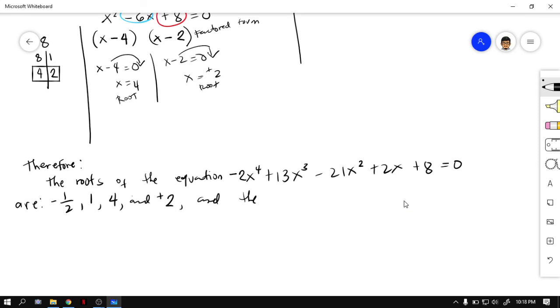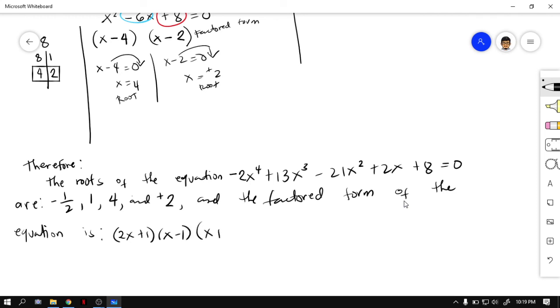And the factored form, sulat ko dito. In the factored form of the equation is, we have 2x plus 1 times x minus 1 times x minus 4 times x minus 2.